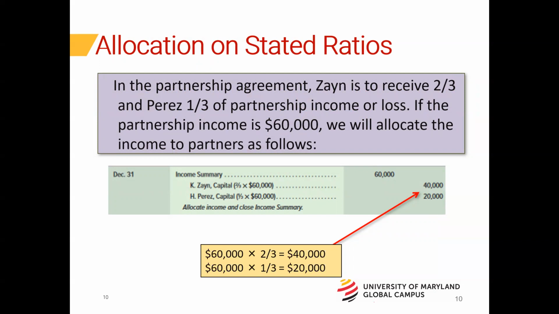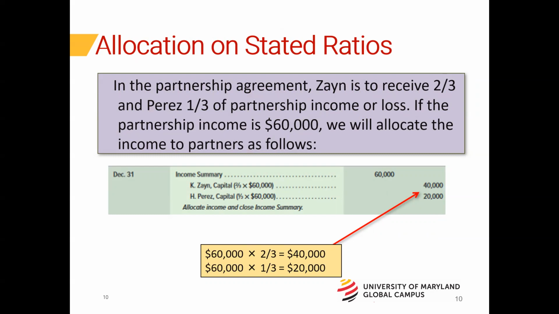It's relatively straightforward. You take the total net income and you multiply that by the percentage of ownership. So for Zane, for example, $60,000 net income times 2/3, or 0.3, I'm sorry, would be 0.66. 60,000 times 0.66 is 40,000, 2/3, right?